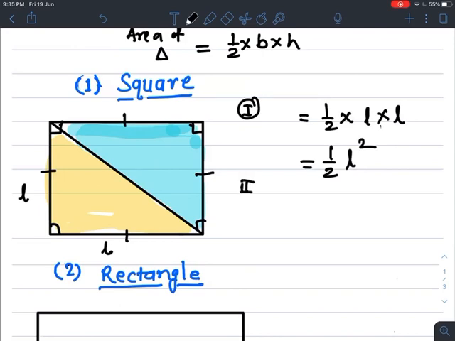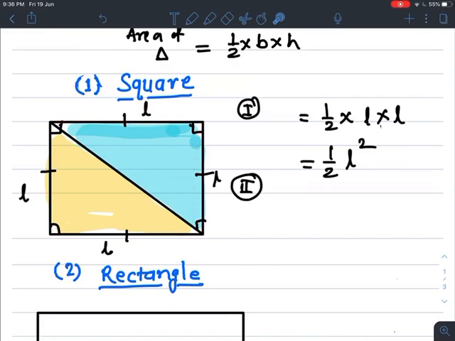Then, second, we will find the area of this blue triangle. If we consider this as a base, this will be the height, but all sides of a square are equal. If one side is L, the other sides are also L. So, how to find the area of the blue triangle? Half base into height.